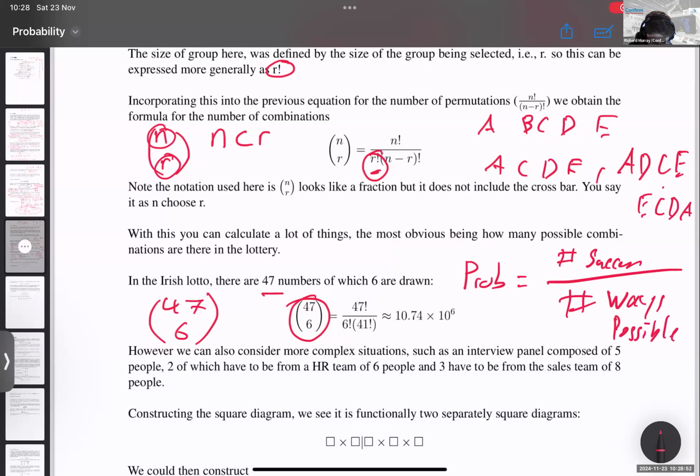There's only going to be one correct solution for the lottery, but there are 10.74 million options that could be drawn out on the night where they're taking the balls out of the big ball spinner. You can select one set of numbers. If you enter twice, your number of possible successes increases. The number of total possible ways of selecting those numbers stays static. So you are going to slightly improve your odds, but it's not going to be a very good way of trying to make money or trying to actually change your future.